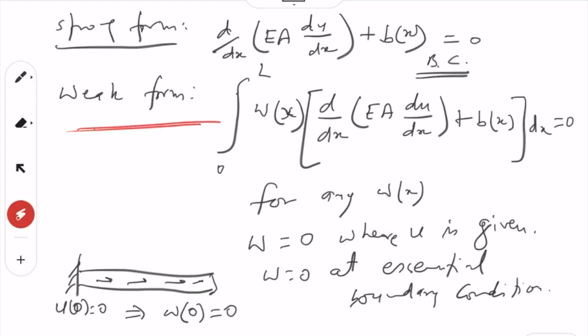Let us simplify this further and see what happens.